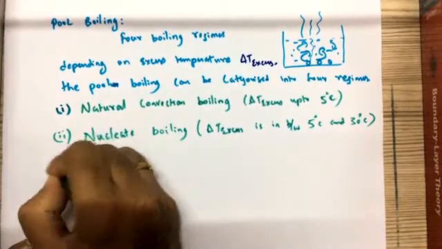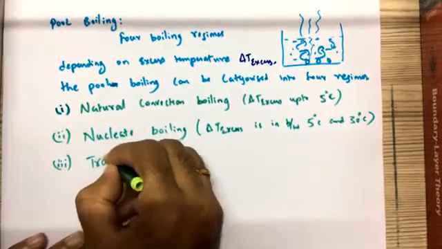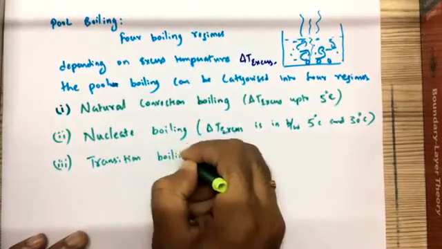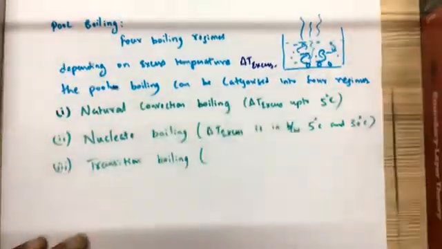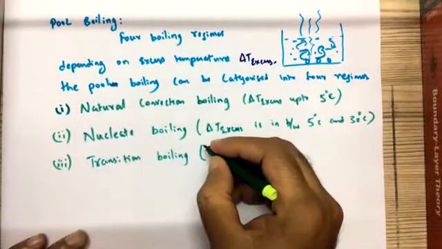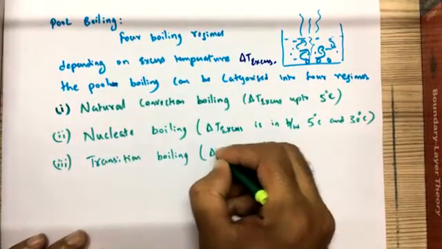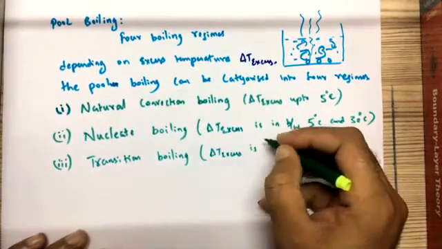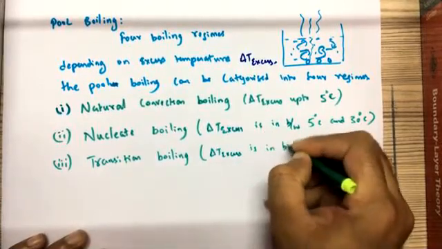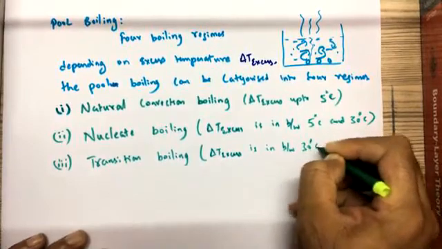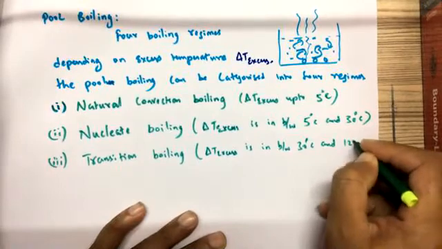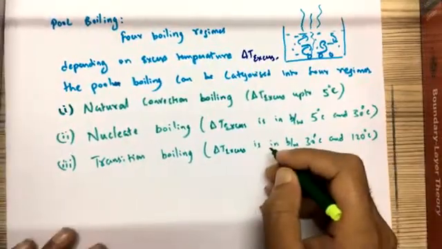Next one is transition boiling, when delta T excess is in between 30 degrees Celsius and about 120 degrees Celsius.